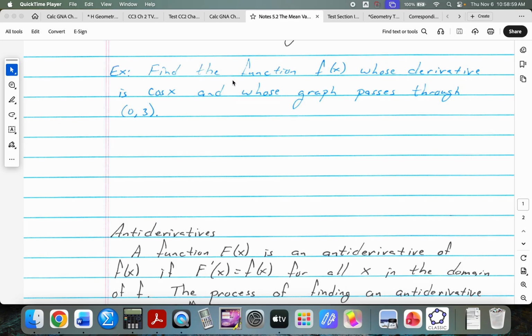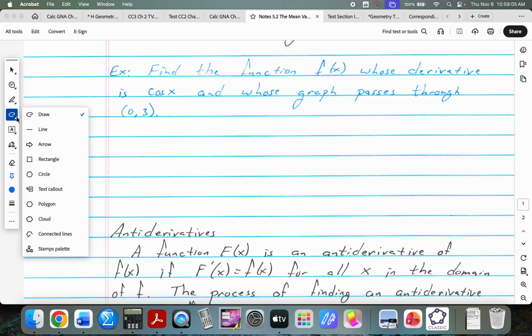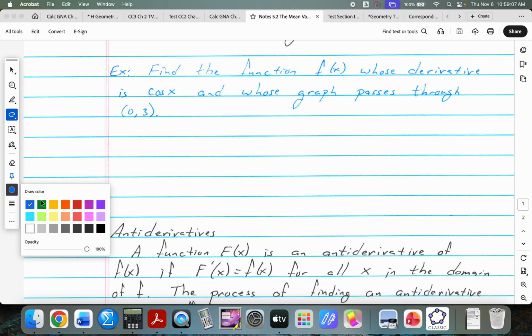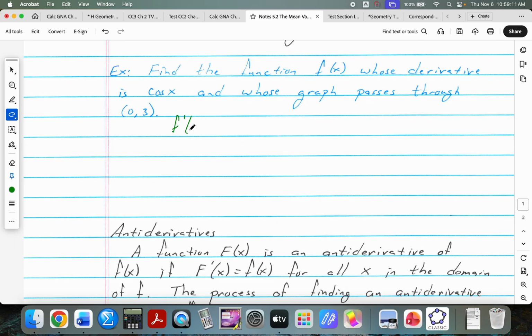So here, find the function f of x, whose derivative is cosine of x. So I know that the derivative is cosine of x. F prime of x is equal to cosine of x. And whose graph passes through the point 0, 3.